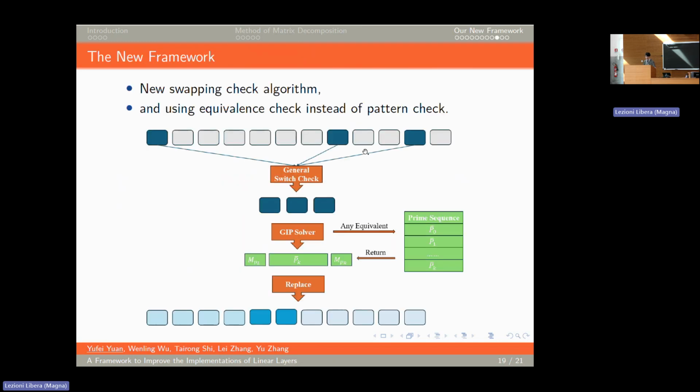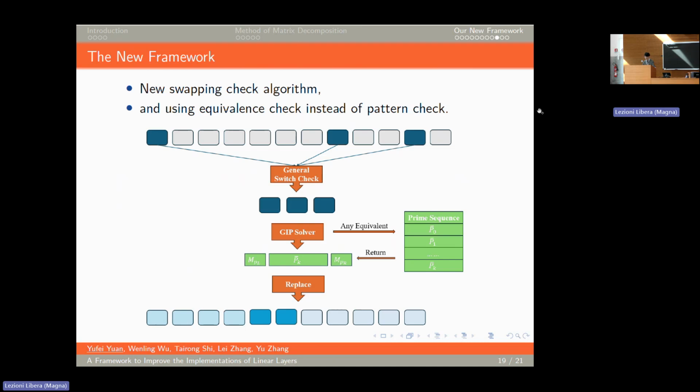And here's our new framework, which combines the new swapping check and uses an equivalence check instead of the pattern check. We pre-compute the prime sequences, shown as the green cells.